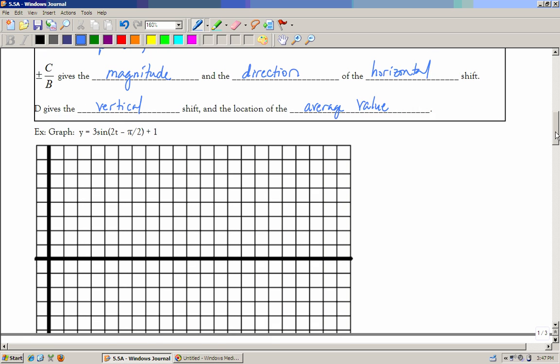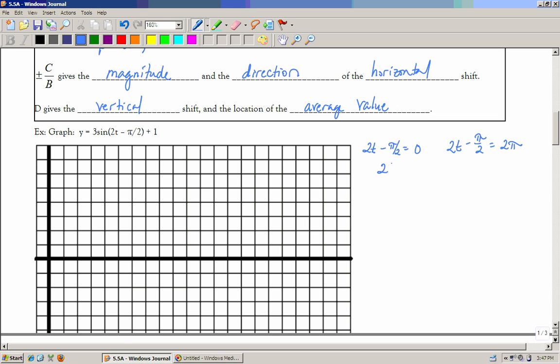So looking at this example, we've got 3 sine of (2t minus pi over 2), all in parentheses, plus 1. Take the thing inside the parentheses, the 2t minus pi over 2, and set it equal to the beginning of a normal sine function's period, which is 0, and also to the end of a normal sine function, which is 2 pi.